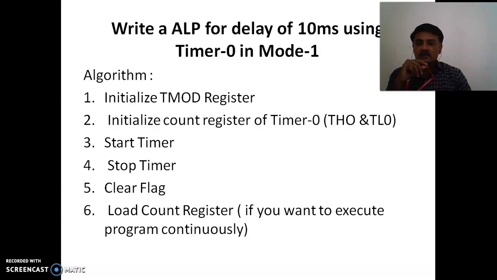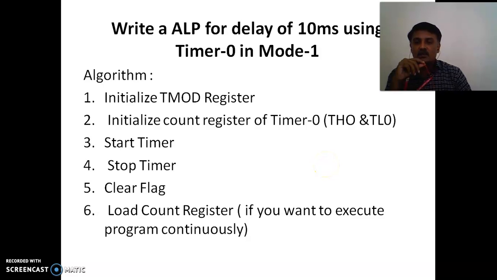The third step is to start your timer, the fourth is to stop your timer, and the fifth step is that the corresponding flag should be cleared. The sixth is optional: if you want to execute the program continuously, you have to load your count register again. So this is the simple algorithm to deal with the assembly language program of setting the timer, right?